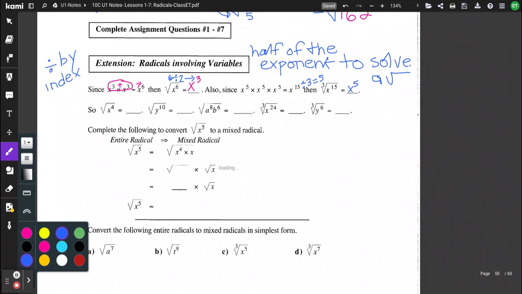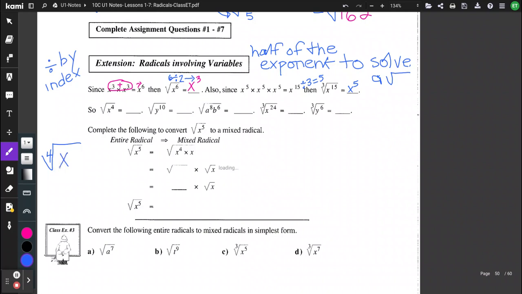So let's say I've got this one. I'm just going to put a different one down here. Let's say I've got the fourth root of x to the 20th, x20. So if I wanted to solve that, because it's a fourth root, what would I divide 20 by? 4.